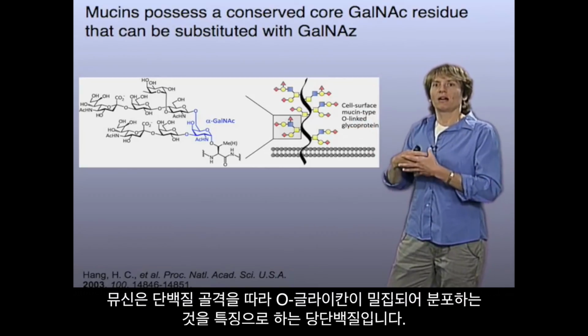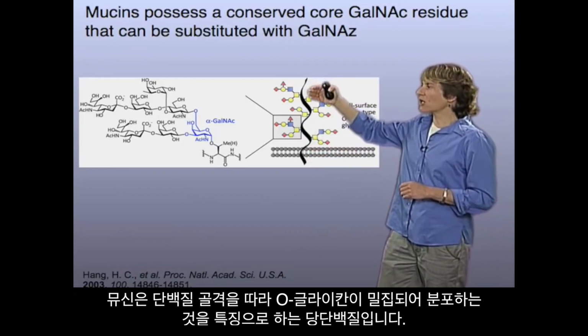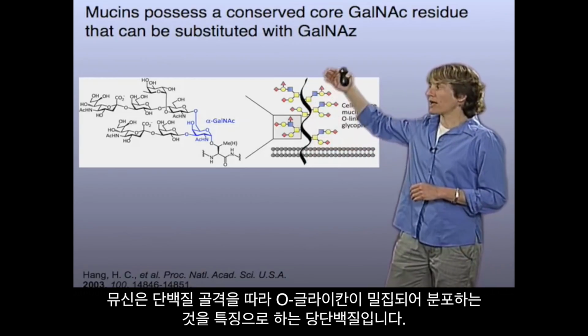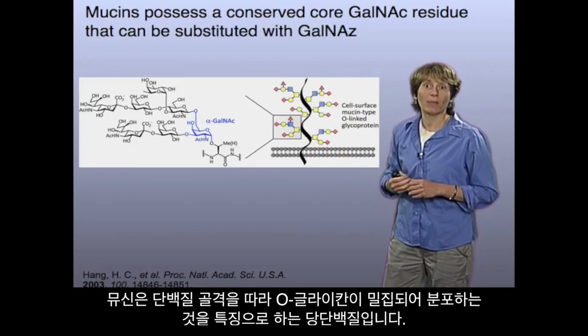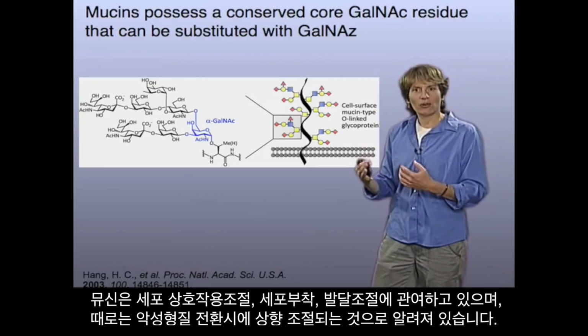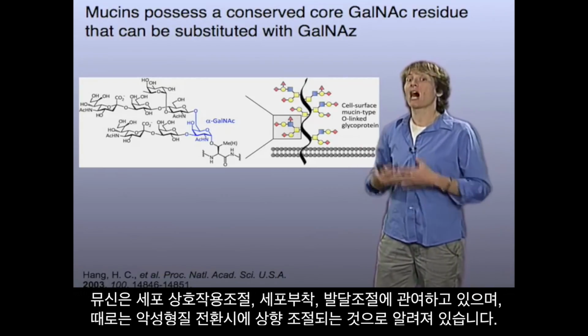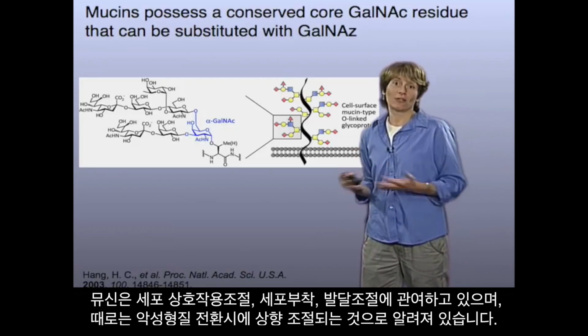Mucins are a general class of glycoproteins that are characterized by having dense clusters of these O-linked glycans along the polypeptide backbone. They're involved in cell adhesion, regulating cell-cell interactions, and they're known to be both developmentally regulated and sometimes upregulated during malignant transformation.